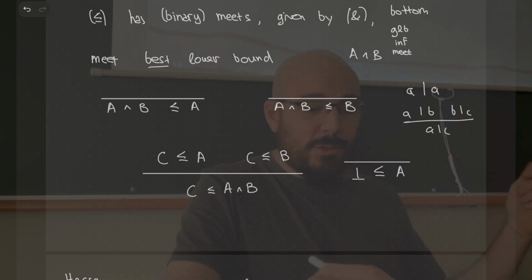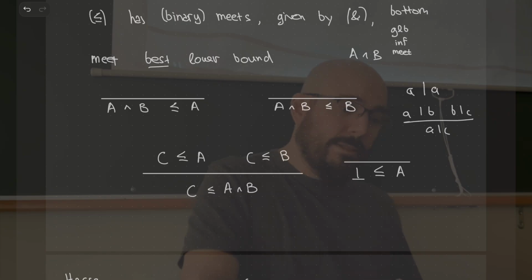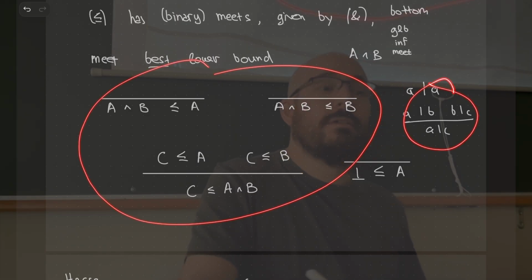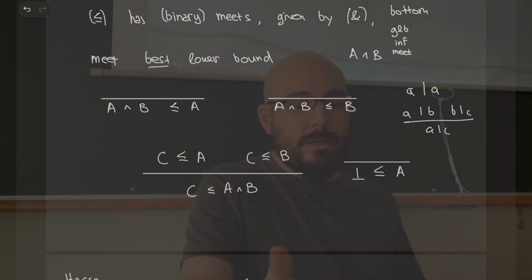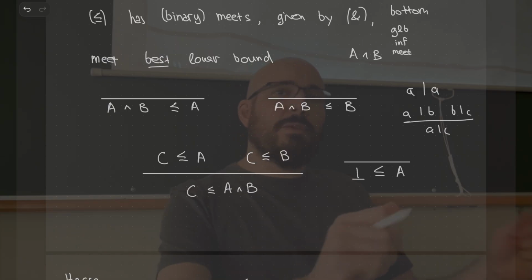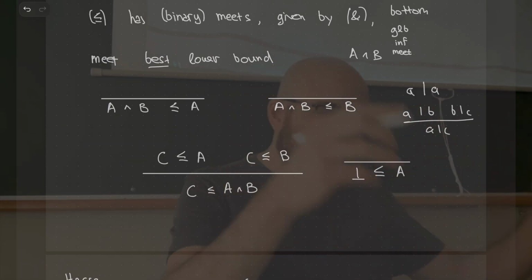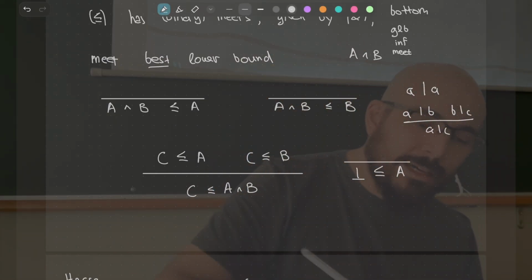So it's an order. Do I have meets here? First of all, I need to translate these things in this language. So what would a meet be in this world of integers? First of all, it should be a lower bound. But what does lower mean? Every time I use terminology of order, it's mentally prefixed by a specific order that I have in mind.